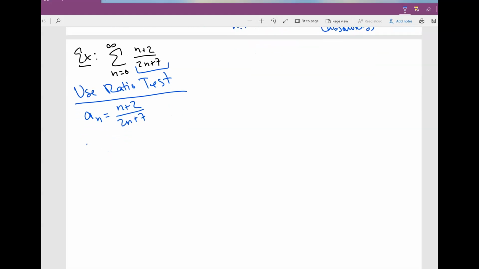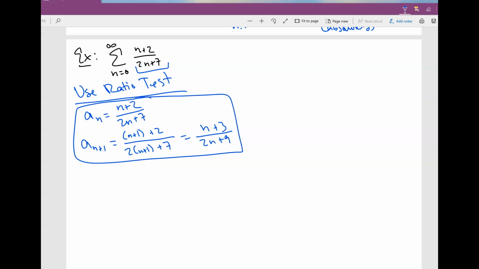And then we're just going to do what a sub n plus 1 is, which is going to be n plus 1 plus 2 divided by 2 times n plus 1 plus 7. So on the top, it's going to give me n plus 3. On the bottom, you're going to have a 2n, then plus 2 plus 7 is just going to give me plus 9. Now we have our a sub n and our a sub n plus 1.